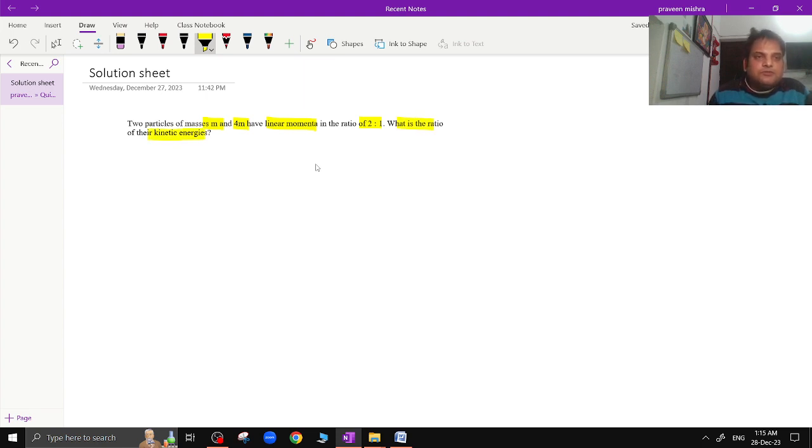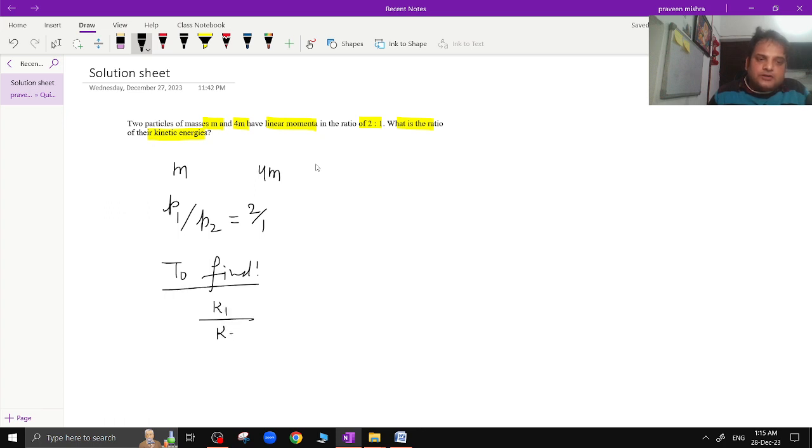The question is so simple: the first particle has mass m, another has mass 4m. The ratio of the linear momentum p1 by p2 is given as 2 ratio 1, and you are asked to find K1 by K2.